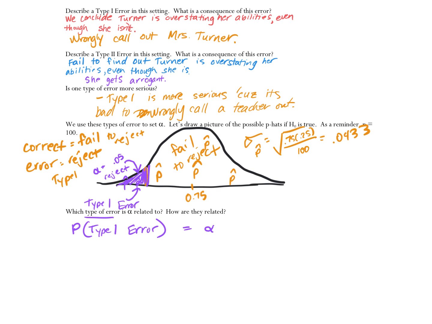We might set alpha at 0.01 because we're more willing to make a type 2 error than a type 1 error. So if a type 1 is more serious, that means we use a lower alpha.